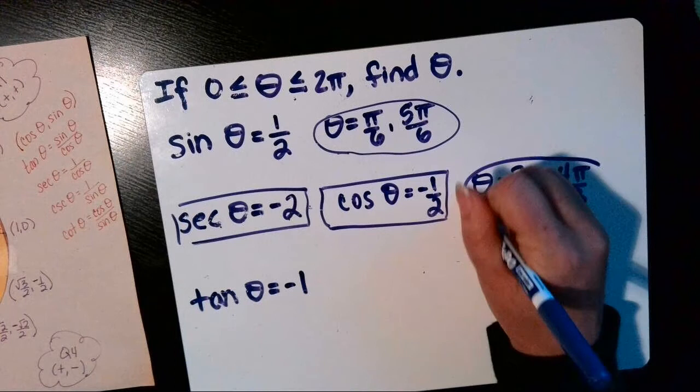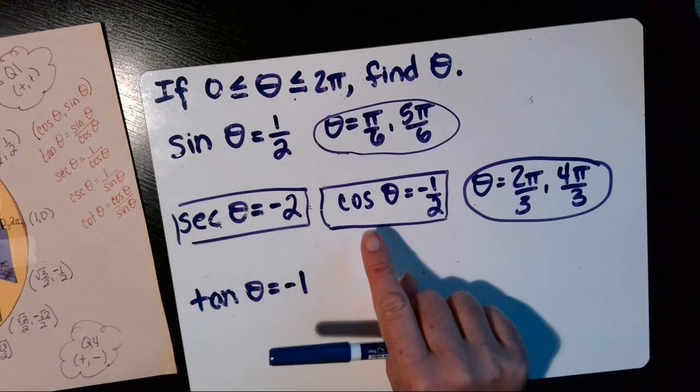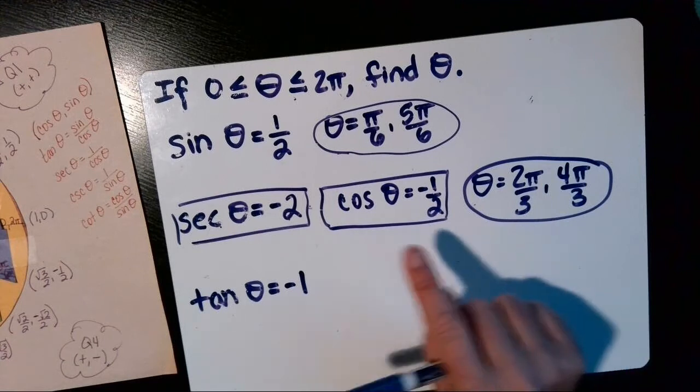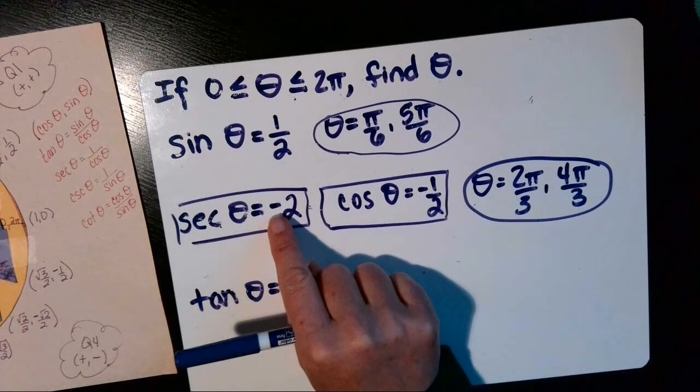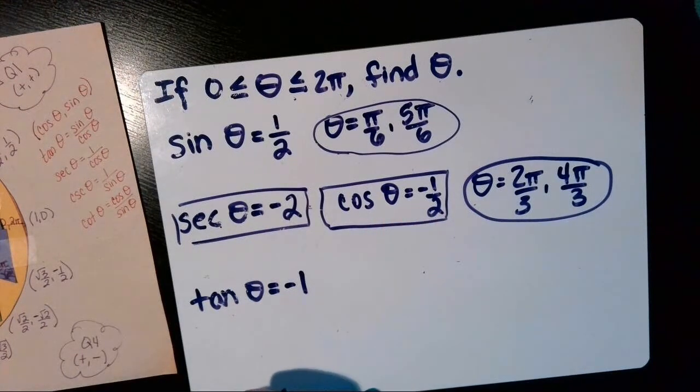Okay, and those would be the solutions where the cosine of 2 pi over 3 is -1/2. The secant then of 2 pi over 3 is also -2, right? Same for 4 pi over 3. Cosine of 4 pi over 3 is -1/2. Secant of 4 pi over 3 is -2.